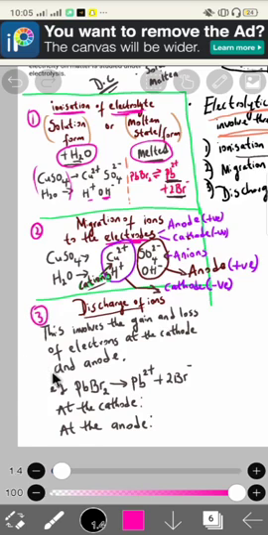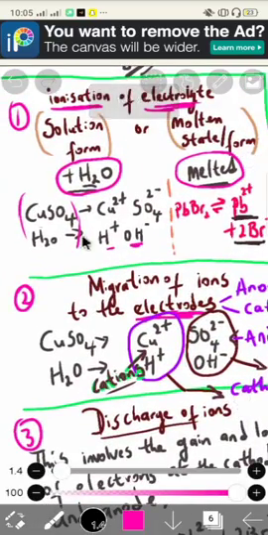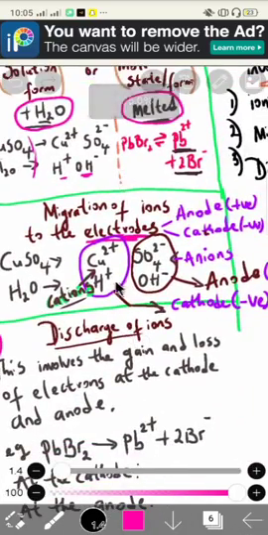So when we look at number 3, we have discharge of ions. First step, you know that they are going to dissociate, that's ionize. Then the next step is that they are going to migrate to their what? Electrode.